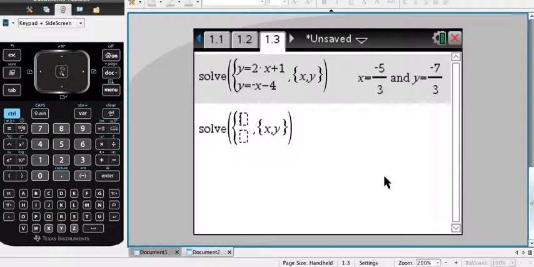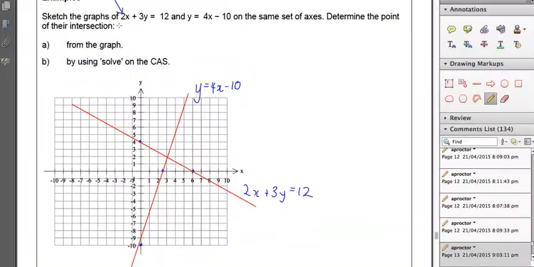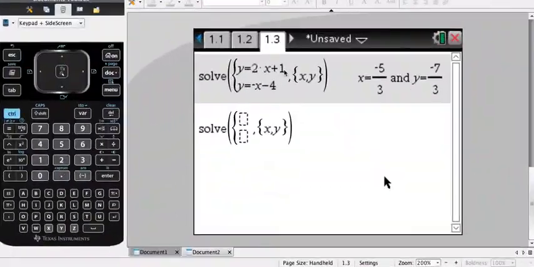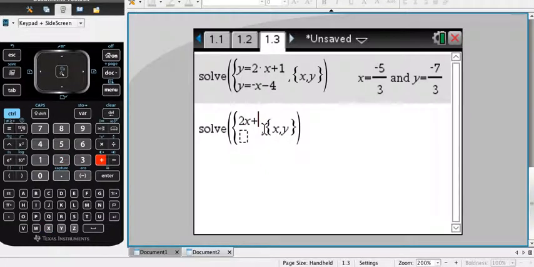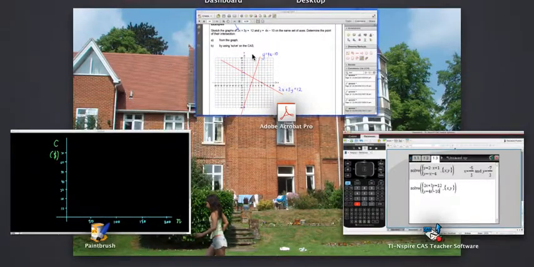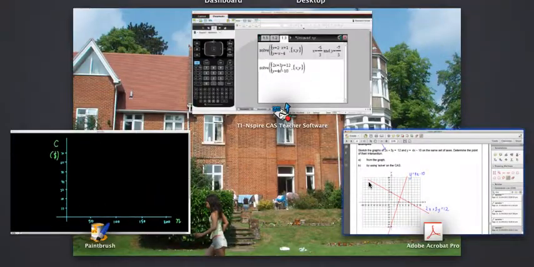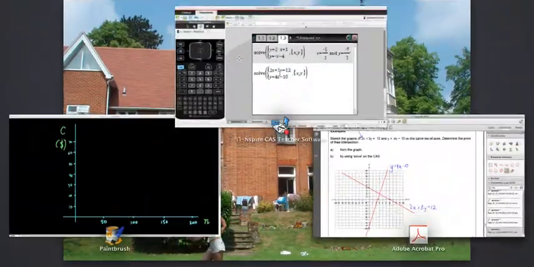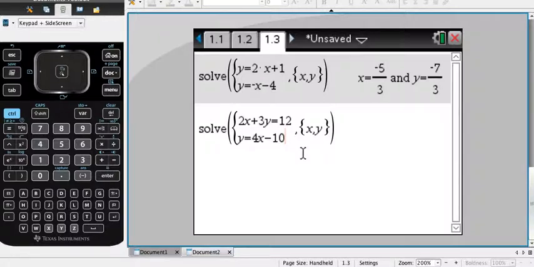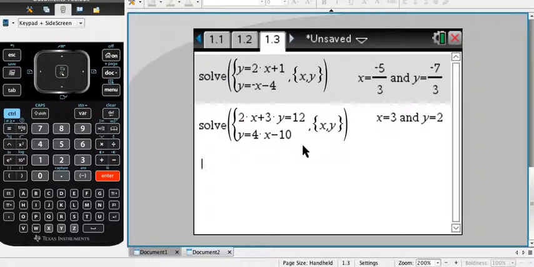So my two equations, they were 2x plus 3y equals 12. So there's my first one. And the other one was y equals 4x minus 10, wasn't it? Yes, okay.